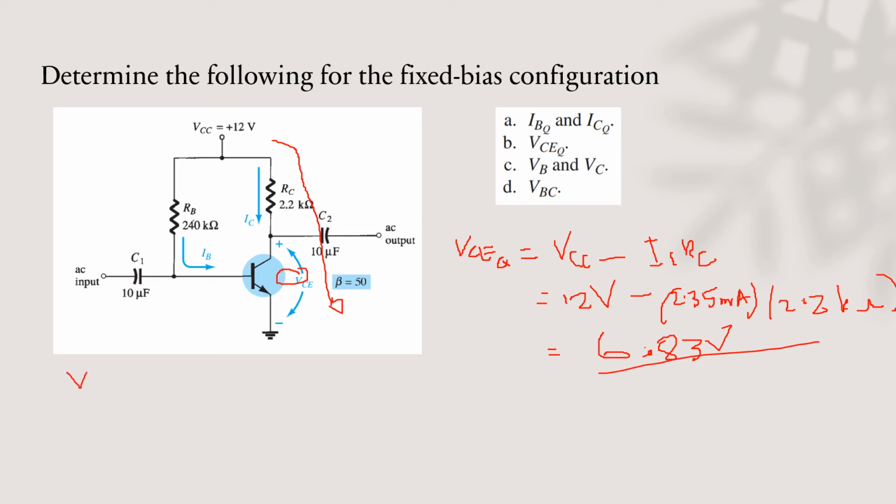Now we solve for the VB. It's just the voltage across the base, and VB can also be known as the VBE. Remember, we have here a common emitter type of configuration. So our VB will also be 0.7 volts, knowing that our emitter here is 0.